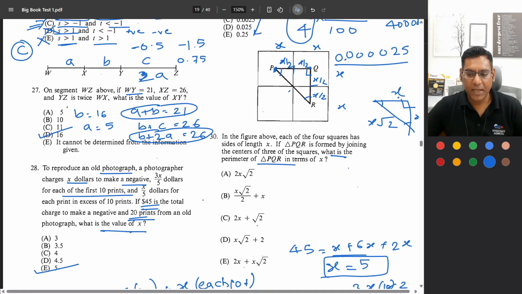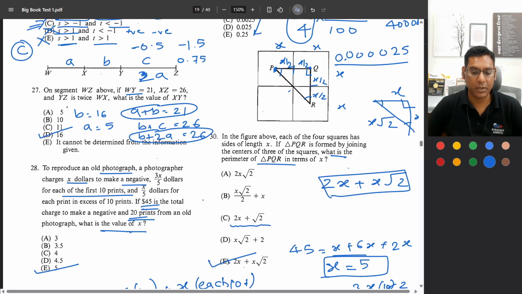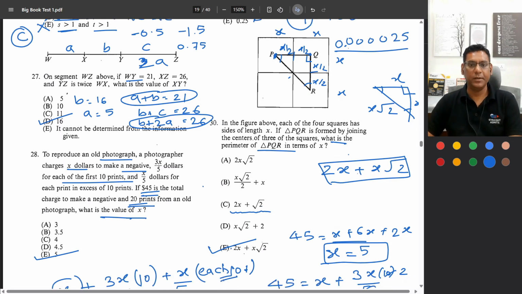And the perimeter is x plus x plus x root 2, that means 2x plus x root 2. That's my answer. Do I have an answer choice like that? 2x plus x root 2. Yes. I see that there's another answer choice here also, but be careful. We need an x with that root. So the answer here is 30.